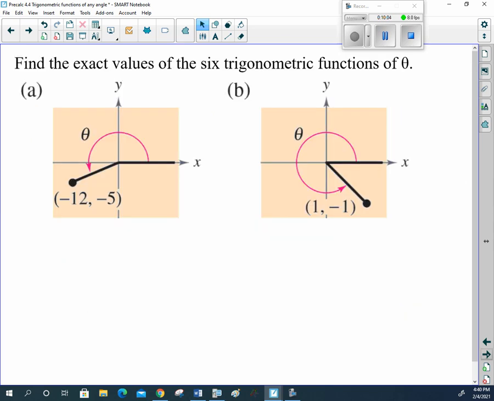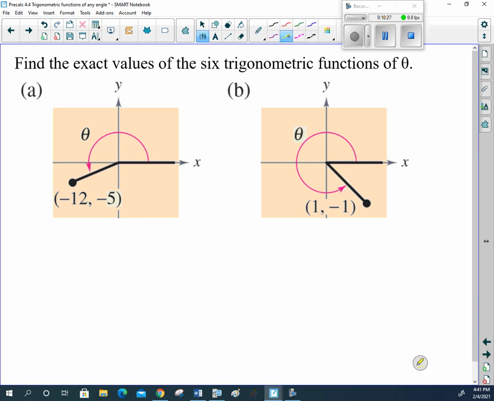Okay, this one says find the exact values of the 6 trigonometric functions of theta. So we've rotated theta. I don't know what theta is, but I can see that I ended up in the third quadrant. So if I want to find the 6 trig functions, I need a right triangle. So I'm going to need to draw in a reference triangle.